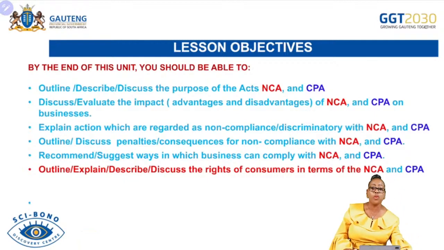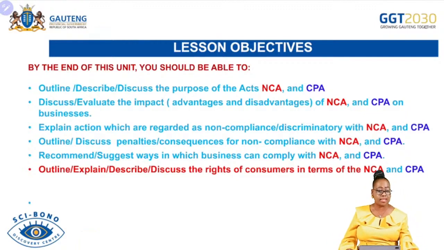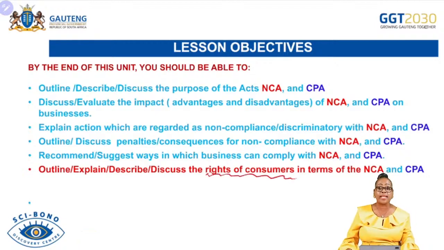You will note that there is also another added aspect, which is speaking about the rights of consumers. This is one aspect that has not been studied thoroughly with the other acts that have already been taught.